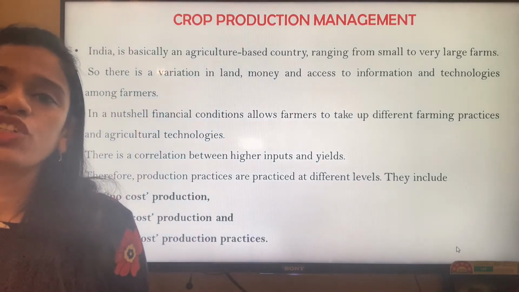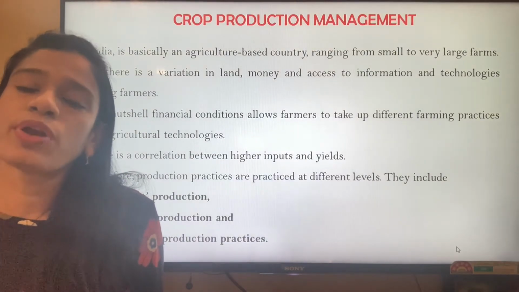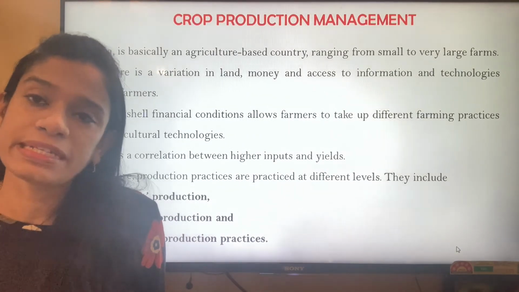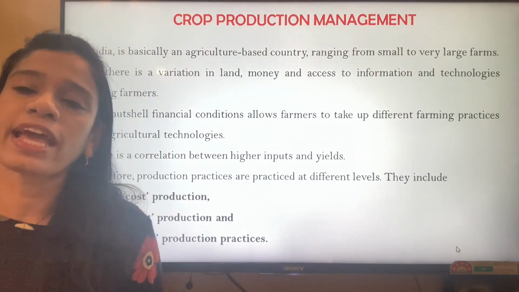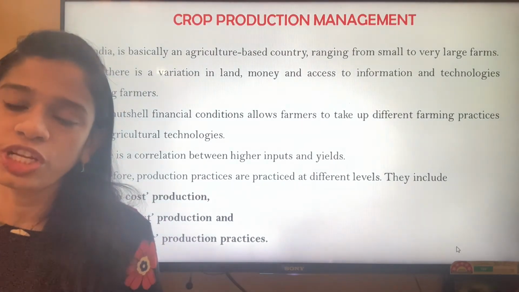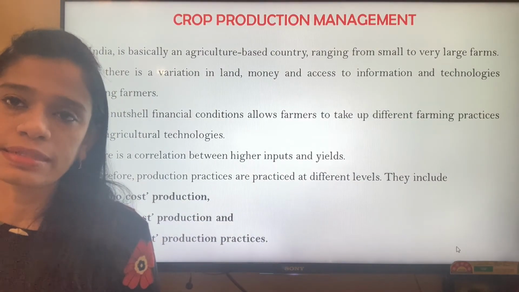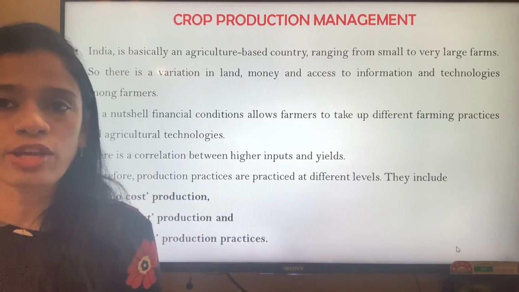Based on the financial availability of each farmer, the cost of production also varies for their particular land holdings. So based on the amount that they can spend for the cost of production, production has been divided into three major parts, that is no cost production, low cost production and high cost production.